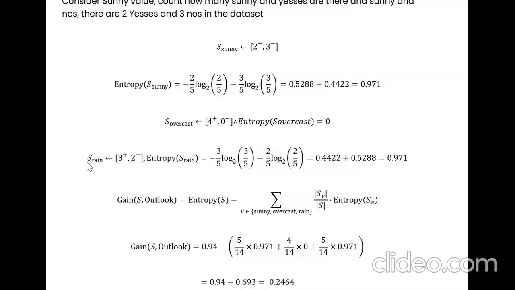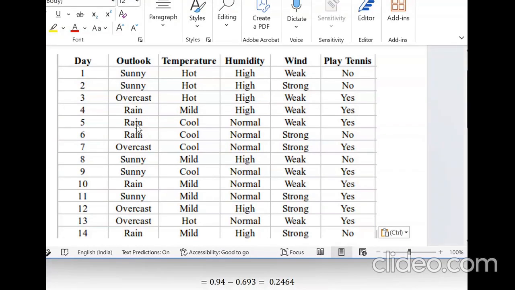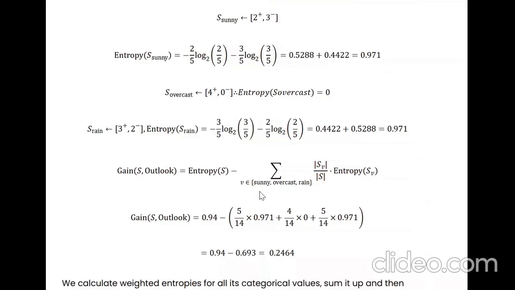Let's proceed further with rain. Rain and yes, rain and yes, rain and no, rain and yes, rain and no. So 3 yeses and 2 no's. Therefore, entropy of rain becomes minus 3 by 5 log of 3 by 5 to the base 2, minus 2 by 5 log of 2 by 5 to the base 2, which is the same as before, only the terms are swapped. So it is 0.971.